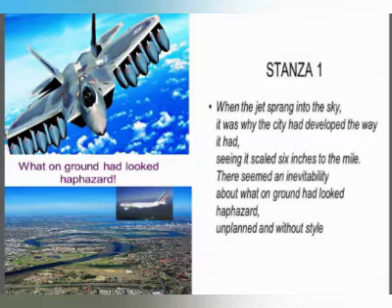That means everything looked small from above. It becomes inevitable, that is certain, that everything developed unplanned, without style, and without principle of organization on the ground. Ground here means earth.